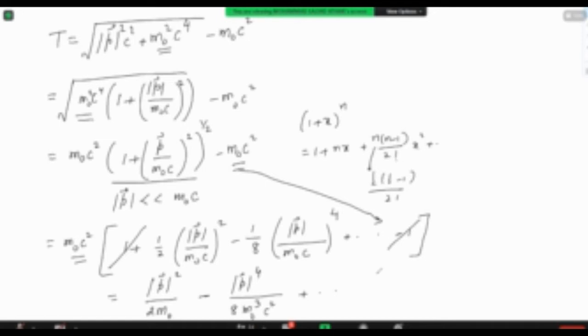Therefore, what you realize is that if we take the correction to the kinetic energy, then we have this original result, and the correction is this much amount. Therefore, this would constitute my interaction Hamiltonian part.